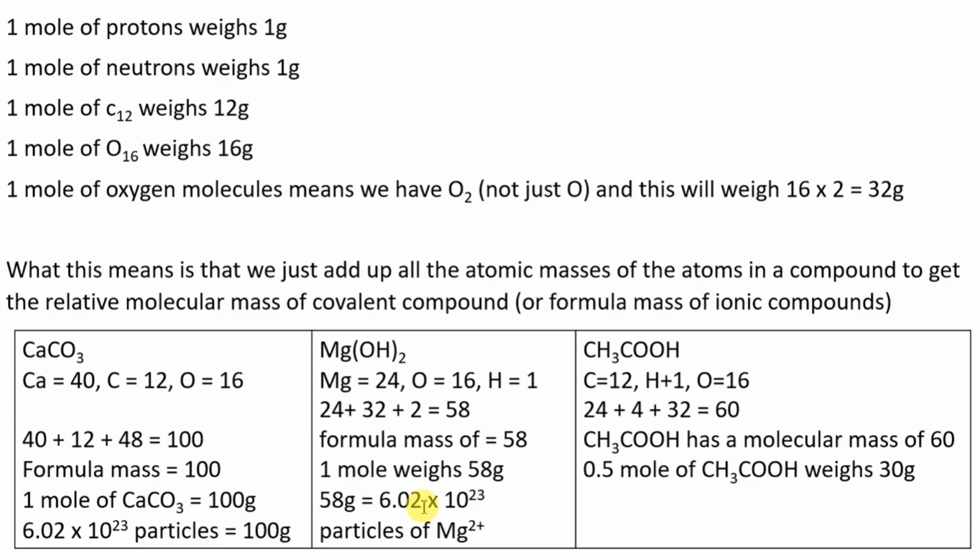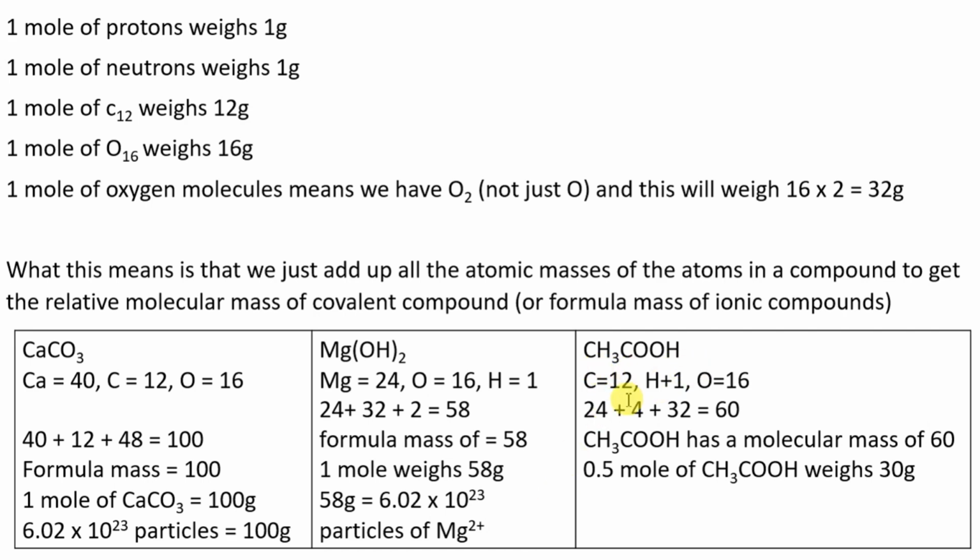And that number of grams contains 6.02 times 10 to the 23 particles. I've said particles of Mg2+, yeah, because Mg(OH)2 contains 1 Mg2+ ion. If I wanted to get the number of particles of OH-, well, there's 2 of them. I'd need to multiply by 2.